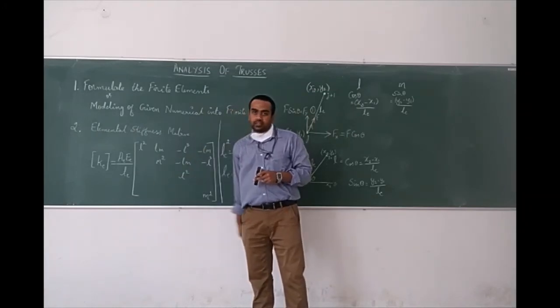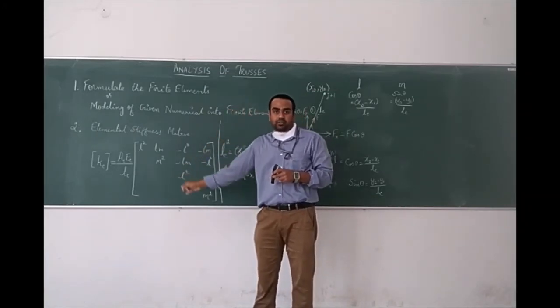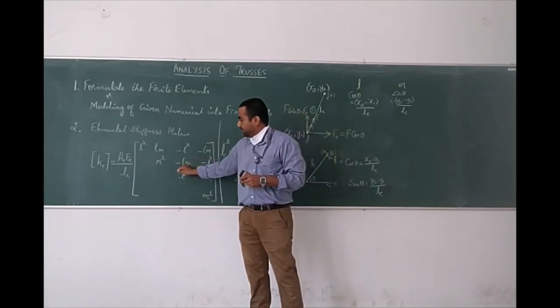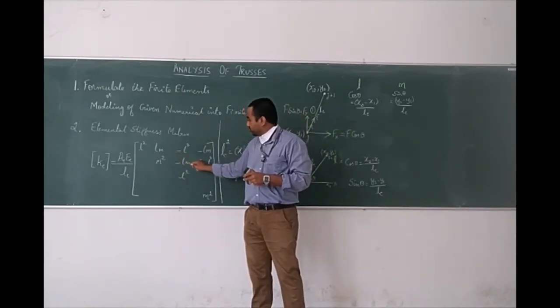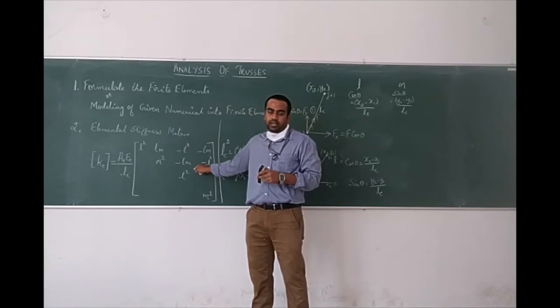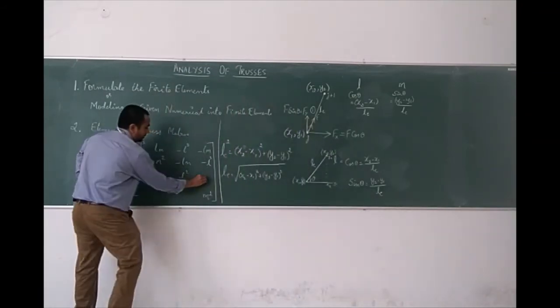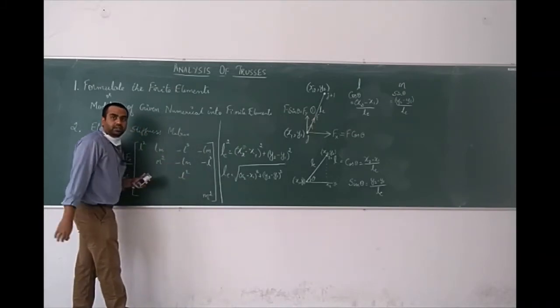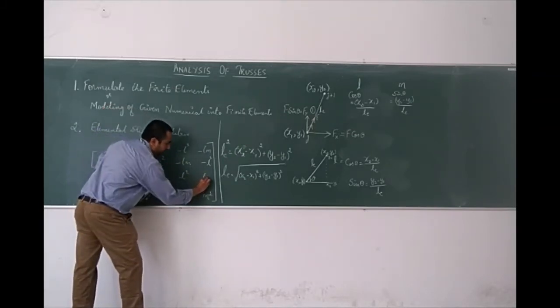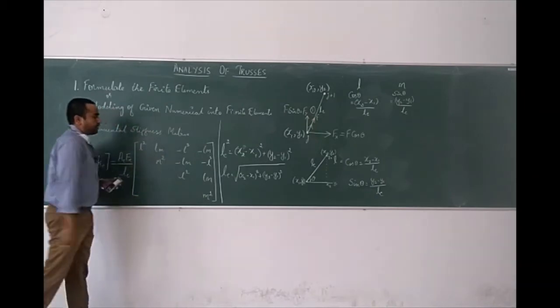So it is the other diagonal of the matrix. Repeat the same term, and minus L square you will repeat on the diagonal direction. And the last term in the upper half of the diagonal is ln, which remains right here.